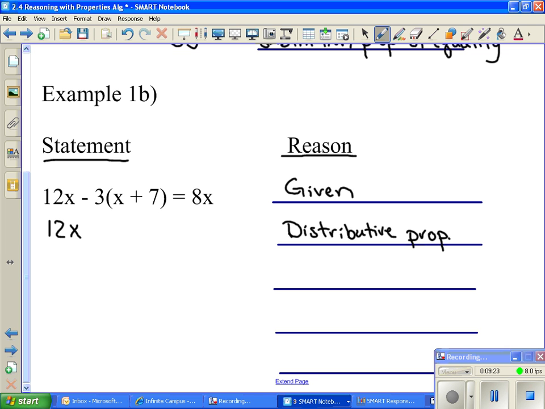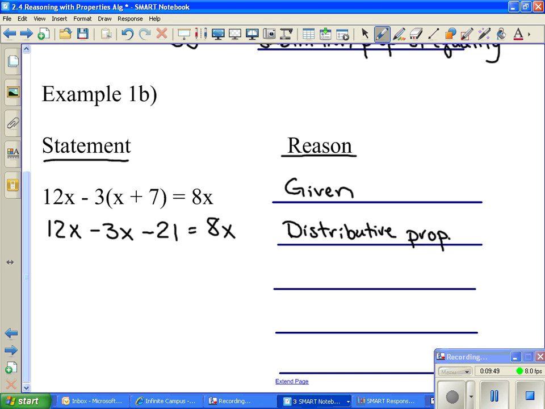Does anybody need a refresher on what distributive property is? That negative 3 gets multiplied by the x, and the negative 3 gets multiplied by that positive 7. So negative 3x, negative 21, because a negative times a positive is a negative. Good. Most people forget that second one, so make sure you got it.